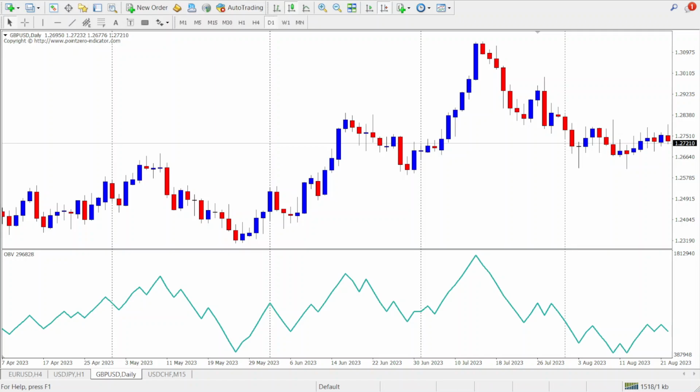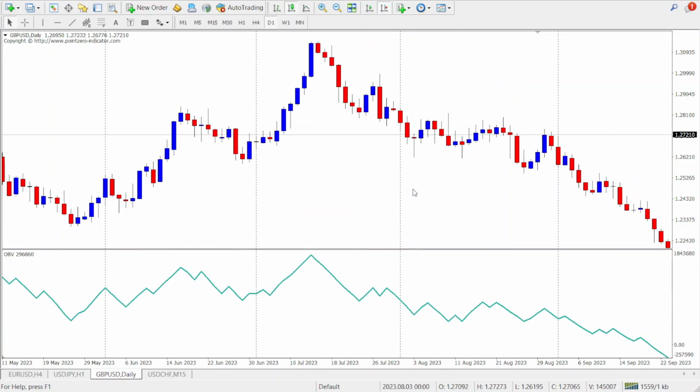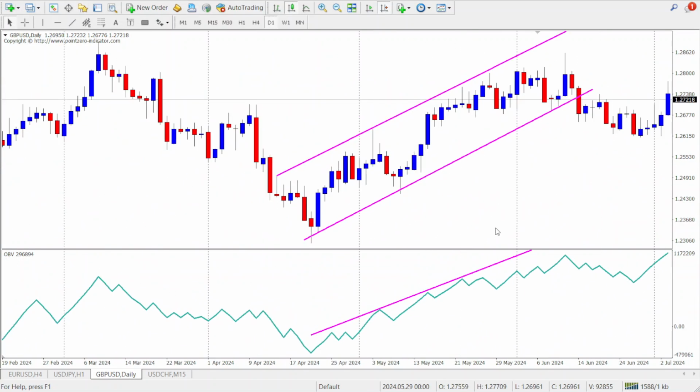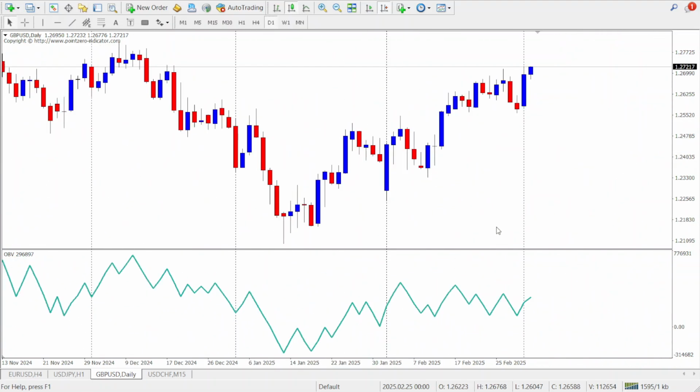So one of the most powerful ways to use OBV is to spot divergences. When price is making new highs but the OBV is failing to do the same, it can signal that a reversal is coming. Smart traders use this to predict when a trend is losing steam before it actually reverses.